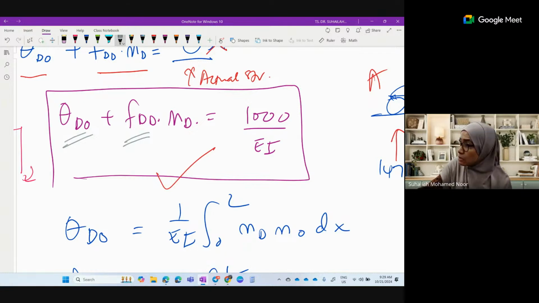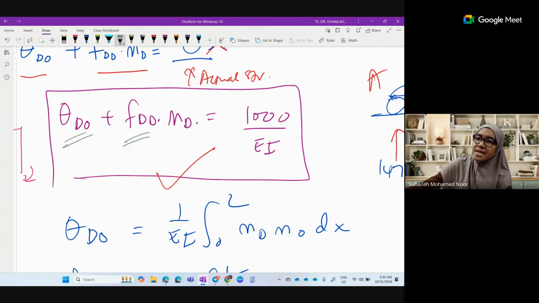Okay. FDD also displacement. Tapi sistem dia redundant structure. So bila kita understand the compatibility equation, semua displacement, right? Theta d naught is displacement in primary structure and FDD is displacement in redundant structure.